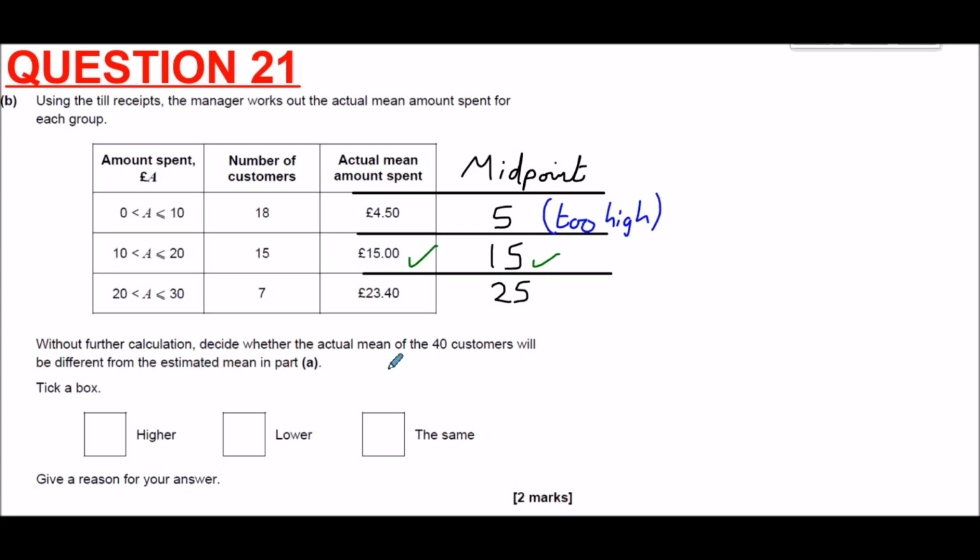And here, our midpoint of 25 was a bit too high again. So because our midpoints were on the high side of reality, we can deduce that we overestimated.